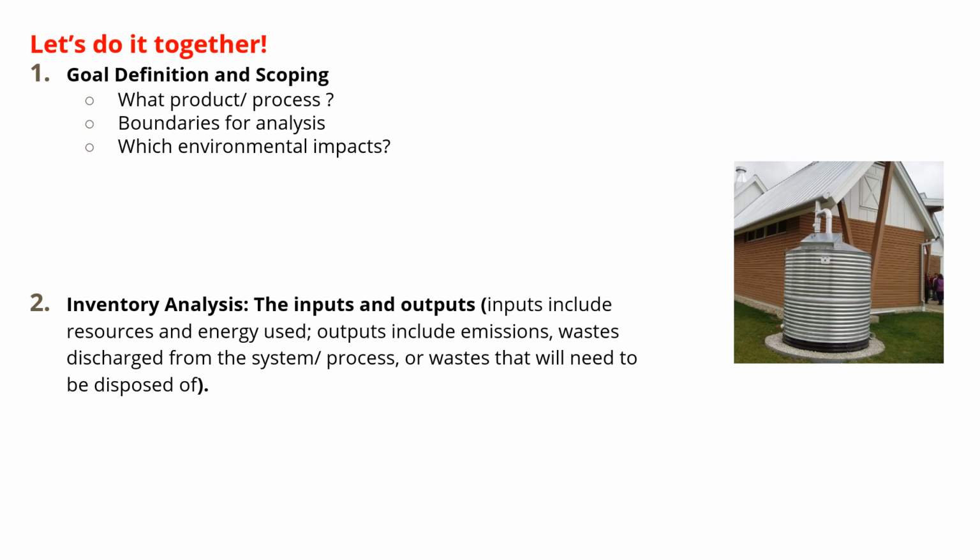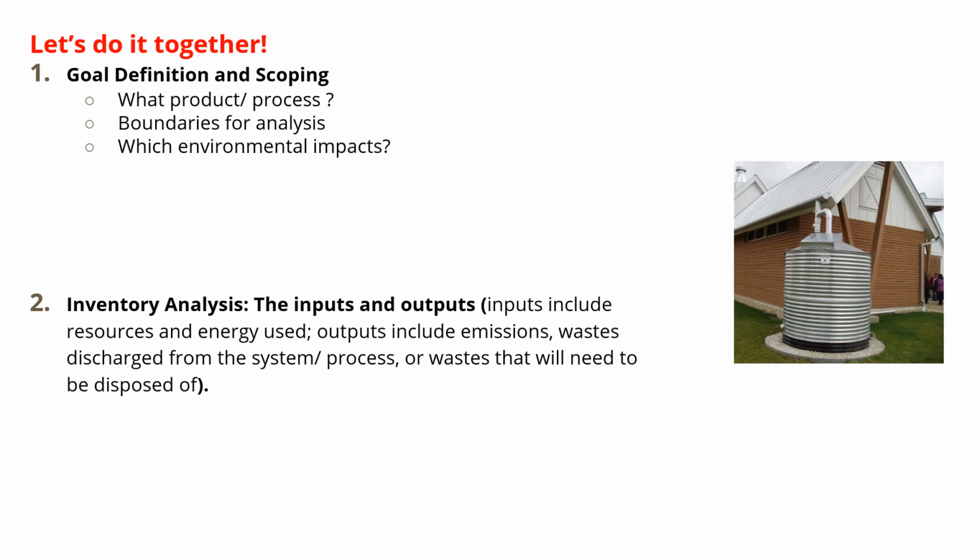The boundaries for analysis are cradle to grave, so resource extraction for parts until the rainwater harvesting barrel is no longer usable and needs to be disposed of. And then which environmental impacts? The 2 impacts that we're going to specifically be looking at are global warming potential and ecotoxicity to water from building this barrel.